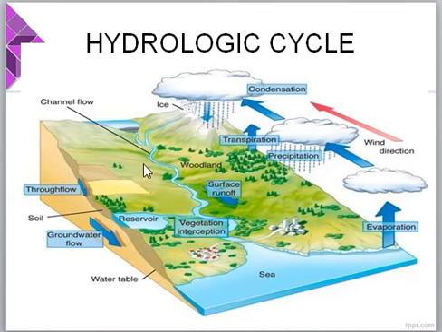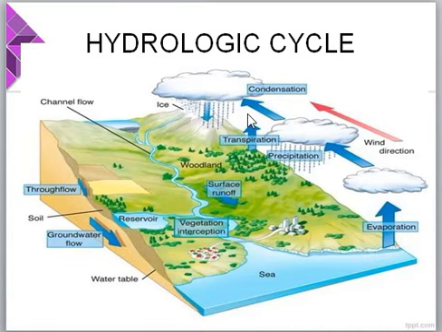Water moves from the atmosphere to the land and ocean in the form of what we call precipitation, in forms of rain, snow, and hail. Water evaporates from the bodies of water and soil, condenses, and forms clouds.